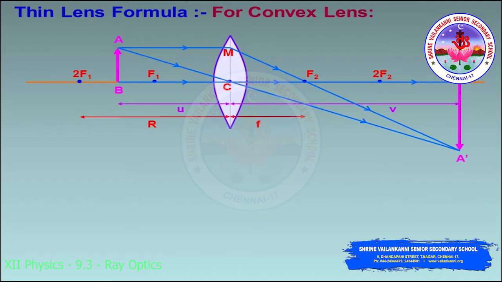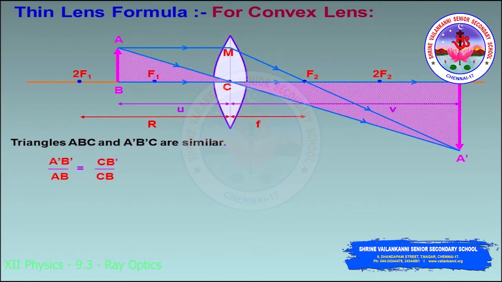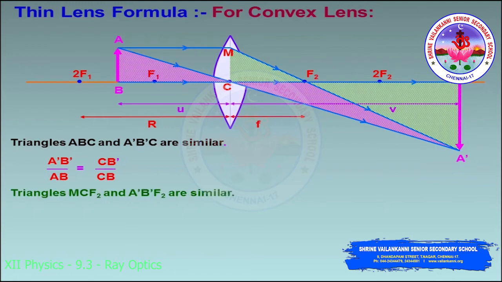So now we can see the similar triangles ABC and A dash B dash C. We will get A dash B dash by AB equal to CB dash by CB. In the same way we take the triangles MCF2 and A dash B dash F2.